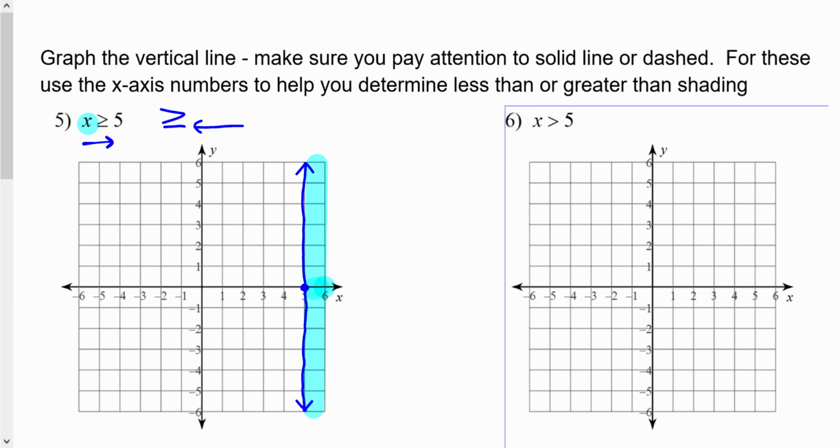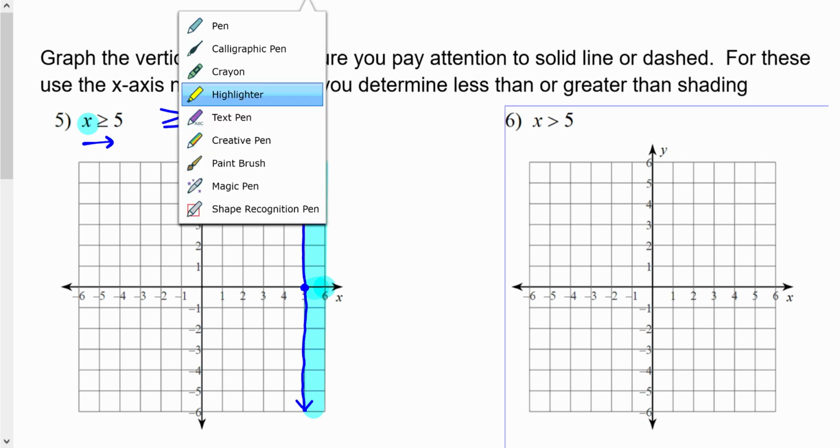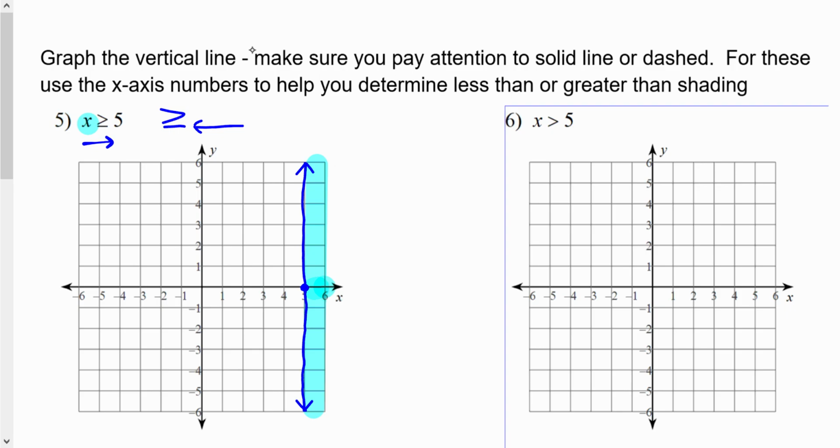On number 6, it's almost the exact same thing. In fact, I made it this way just so you could see the very subtle difference. We're still going to be shading to the right because it's greater than. We're still going to put a dot at 5, and it is a vertical line, but because it is just greater than, not greater than or equal, we're going to use a dashed line.